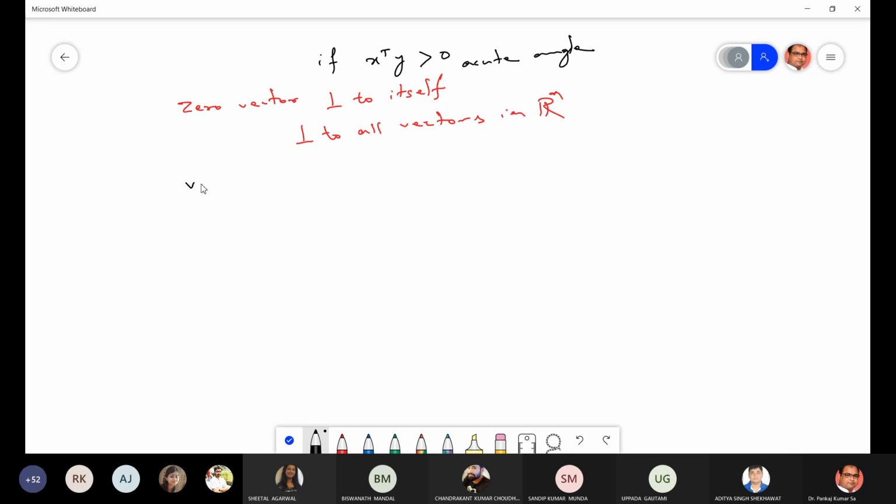Vectors are linearly independent when they are mutually orthogonal.